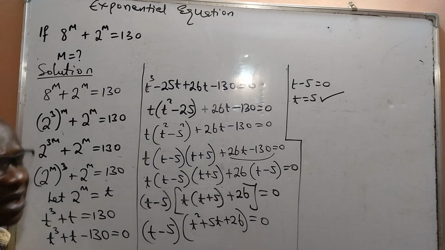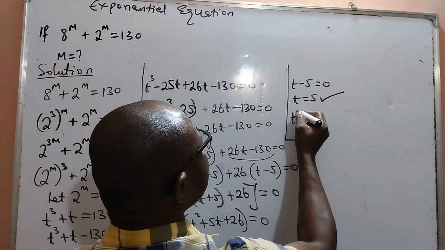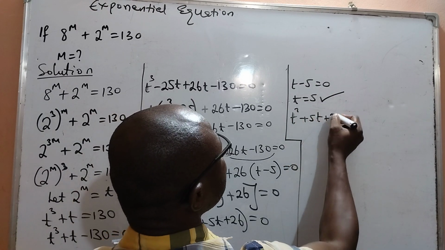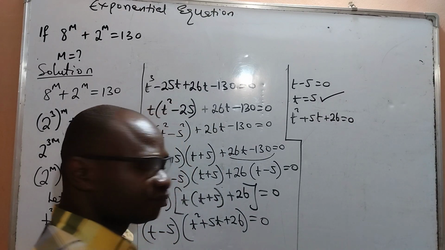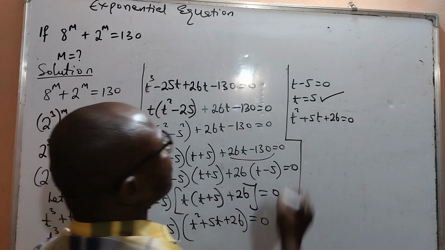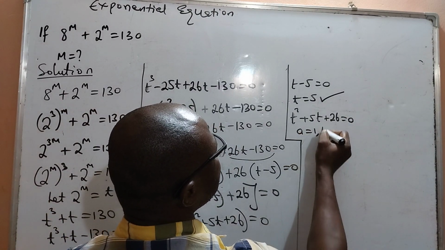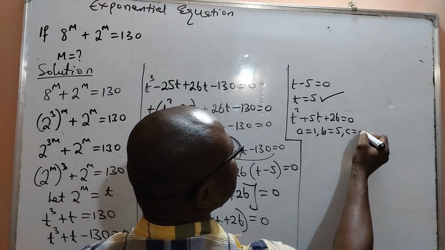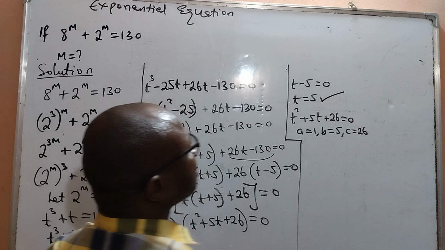From the second bracket, t squared plus 5t plus 26 is equal to 0. Going by the quadratic formula, a here is 1, b is equal to 5, and c is 26.